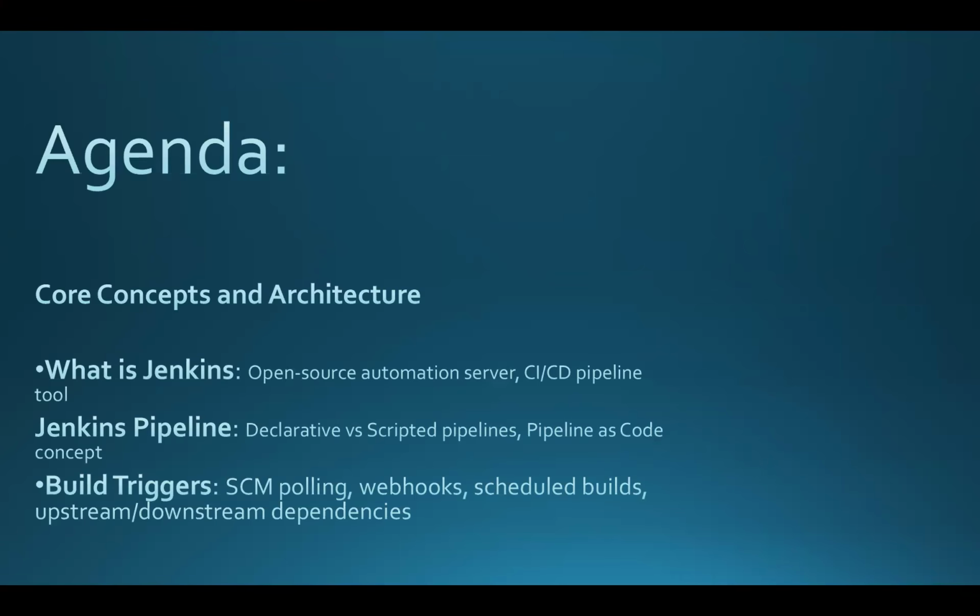Now we'll see what Jenkins is, what a Jenkins pipeline is, and build triggers, a lot of things. So in simple words, Jenkins is an open source automation service. Automation means whatever work you tell it to do, like deleting a file, creating a file, building the project, everything will be done automatically.